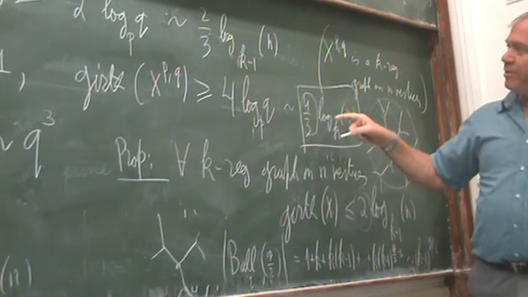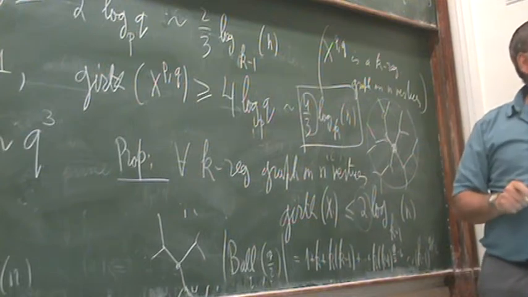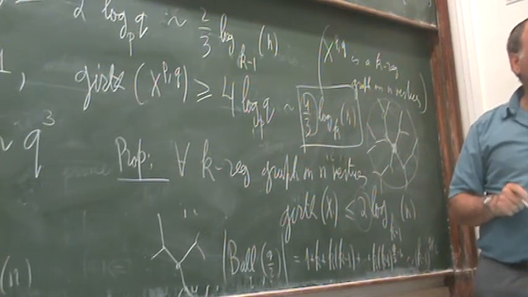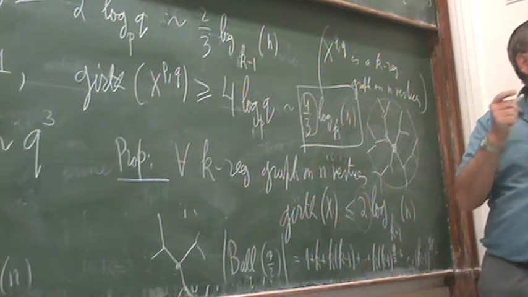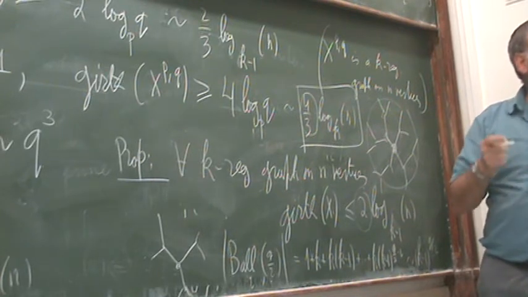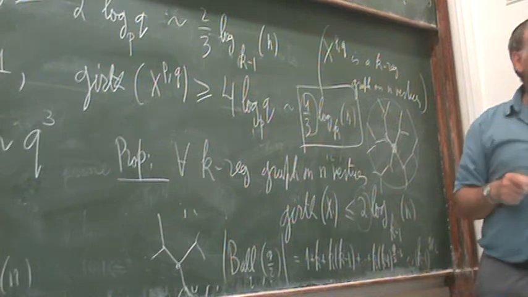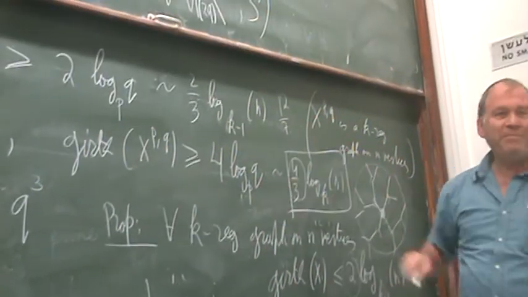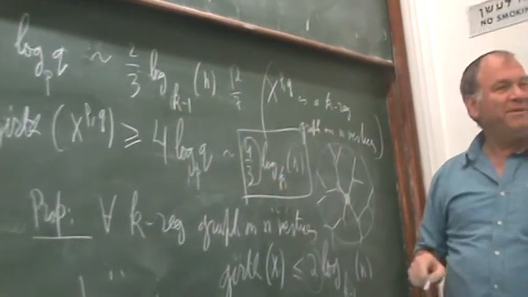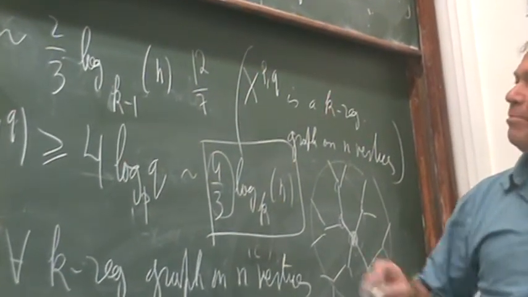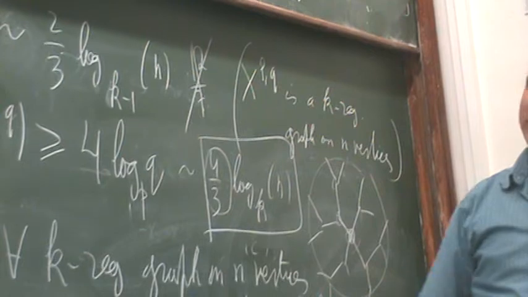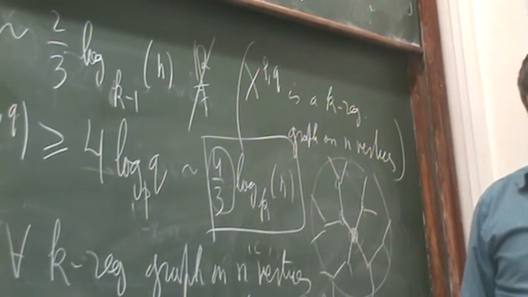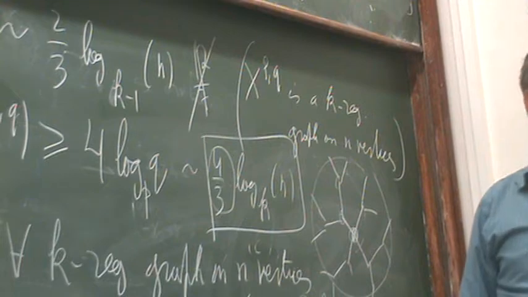They claimed that they imitated this quaternionic construction and went to octonions, which are non-associative, not just non-commutative, algebras. They claimed they proved 12/7 log k over n, but there was a mistake in the paper which could not be repaired.